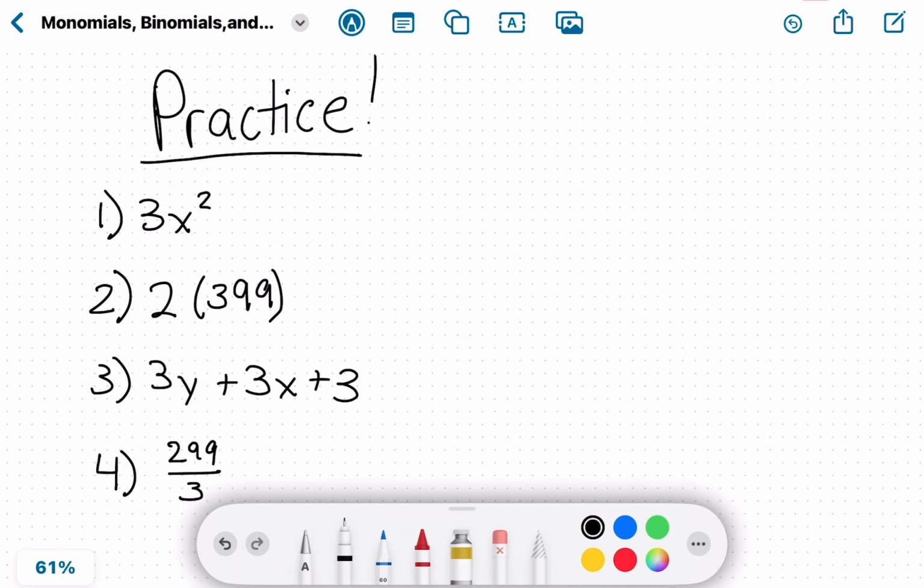So feel free to go ahead and pause if you need. For number 1, we have 3x squared. For number 2, we have 2 times 399. For number 3, we have 3y plus 3x plus 3. And for number 4, we have 299 divided by 3.